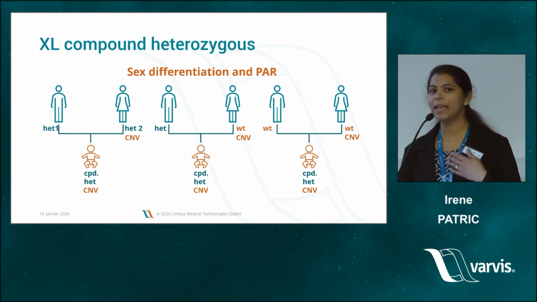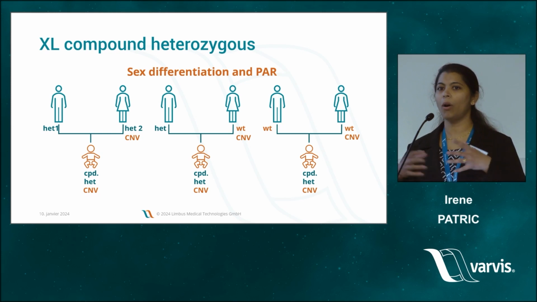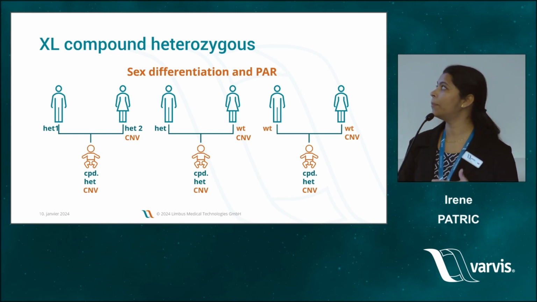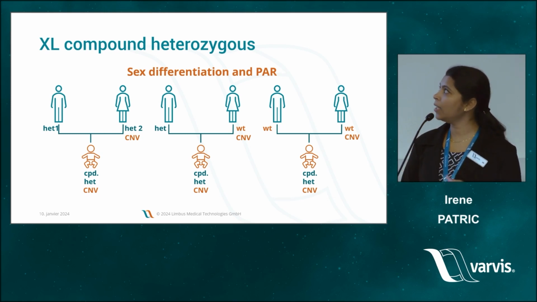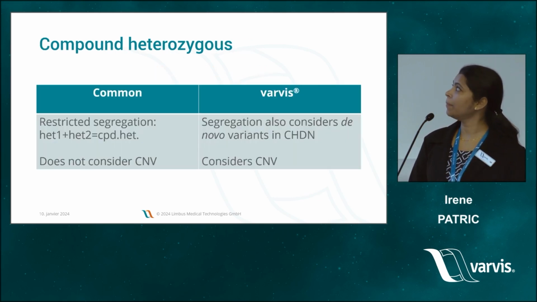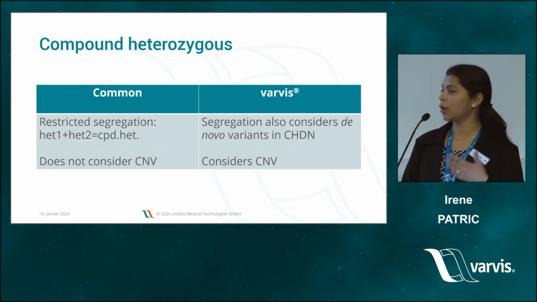So building these complex filters, not all tools consider all aspects when it comes to analysis and filtering down variants. So we need to keep scientific aspects in mind when we are looking at inheritance filters. So we consider segregation and de novo variants in compound heterozygosity, and also consider CNV.